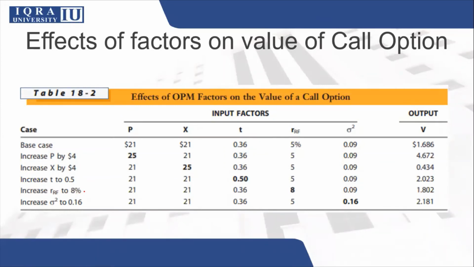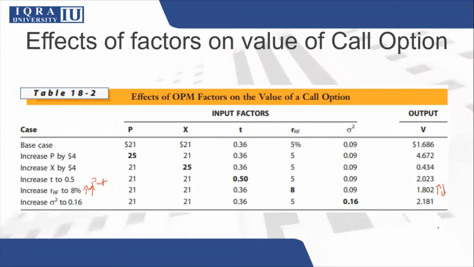You can see that if the risk-free rate is increased, it will increase the price of the call option. Now this is opposite for the put option. If the risk-free rate increases in the case of a put option, it usually decreases the price of the put option. And then over here you have volatility.